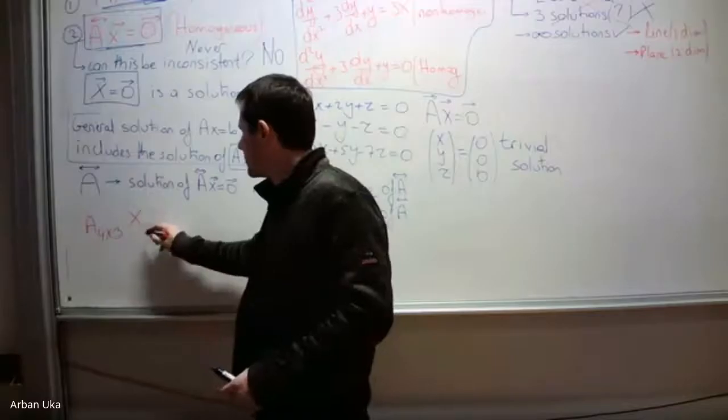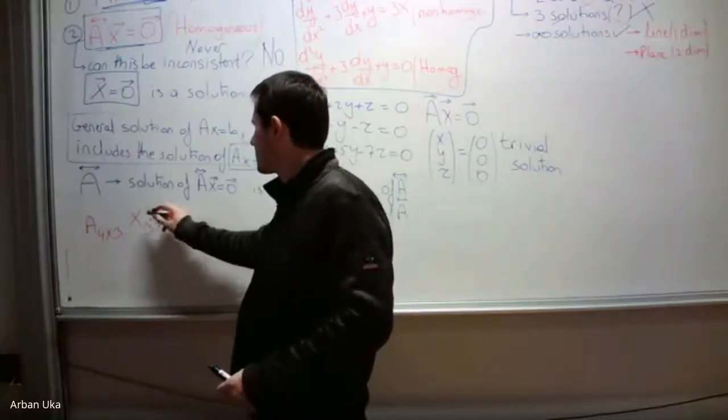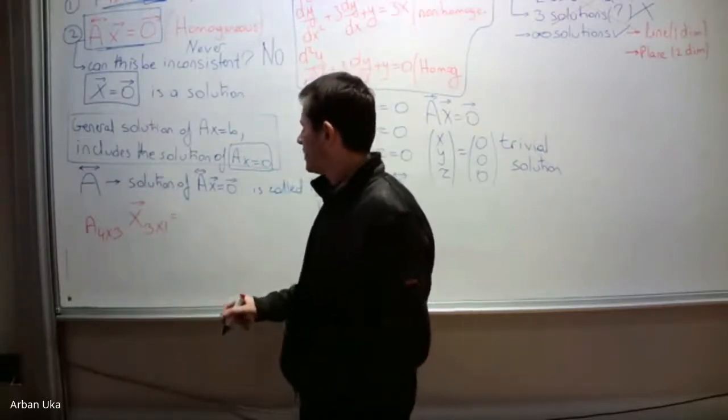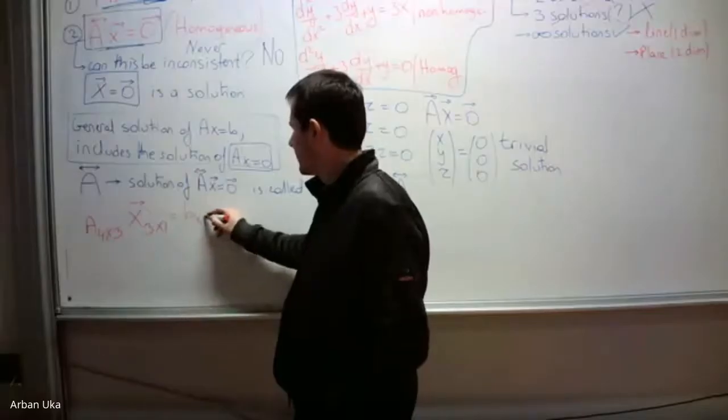3. Because if we multiply this A with a vector x which is 3 by 1, this would be equal to a matrix that is 4 by 1, exactly 4 by 1.